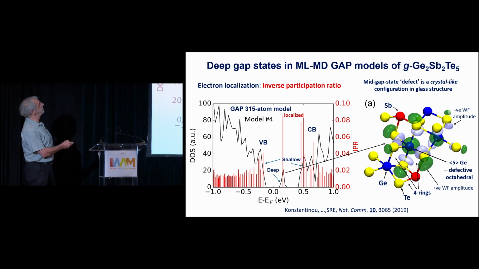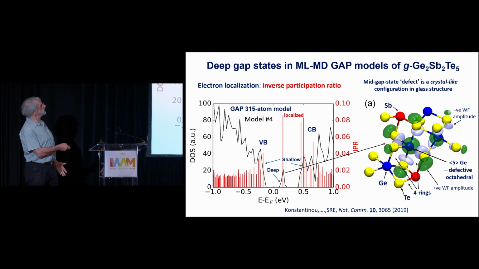When this number is very big, it's very localized, and when it's small, it's delocalized. So small values deep into the band are delocalized states, just as you have in a crystal, except these are not Bloch states, because this is glassy, of course. But at the band edges, and particularly in the middle, you have very strongly localized states.